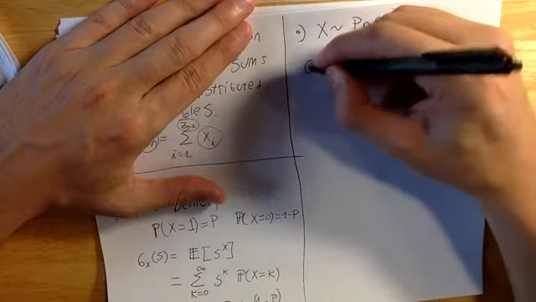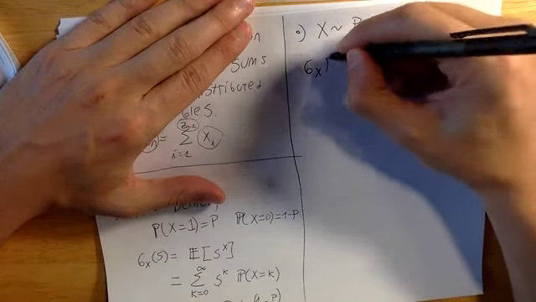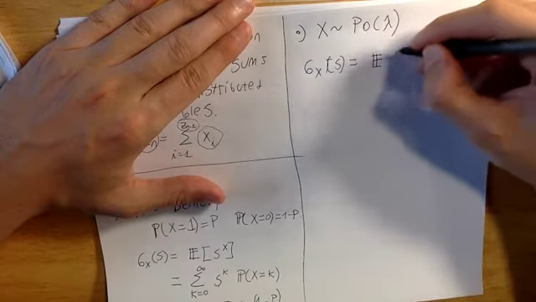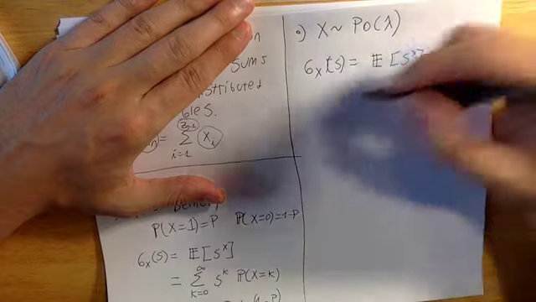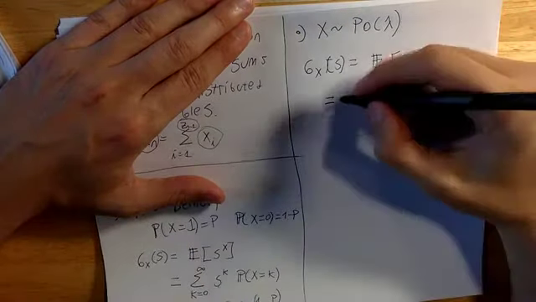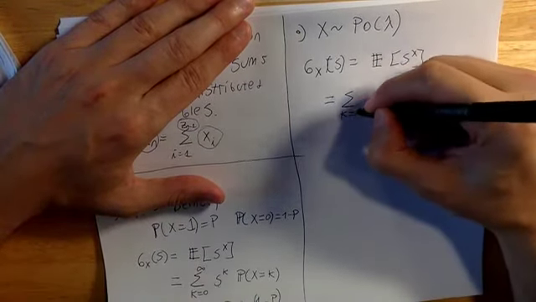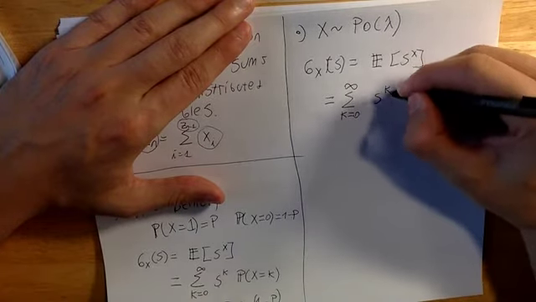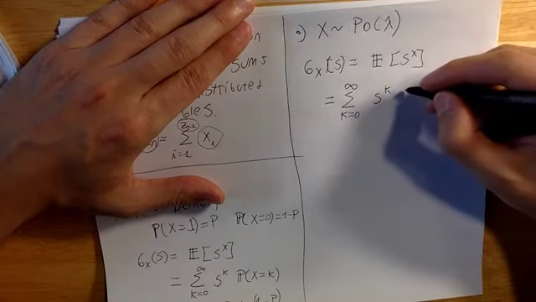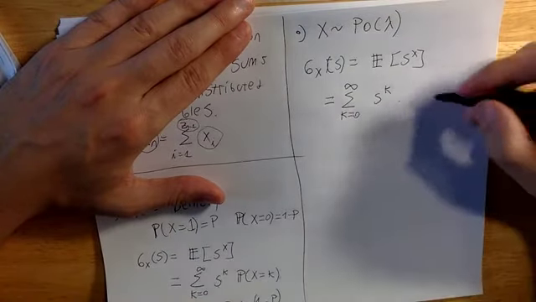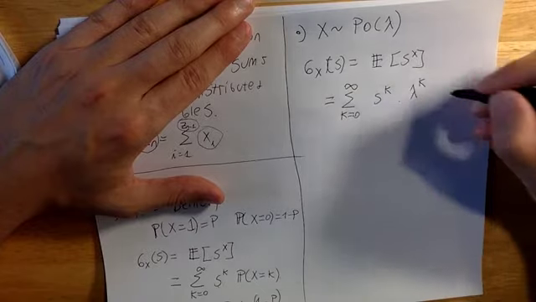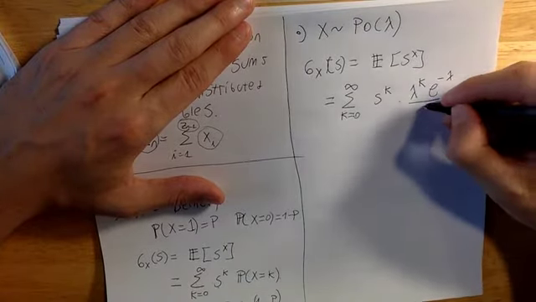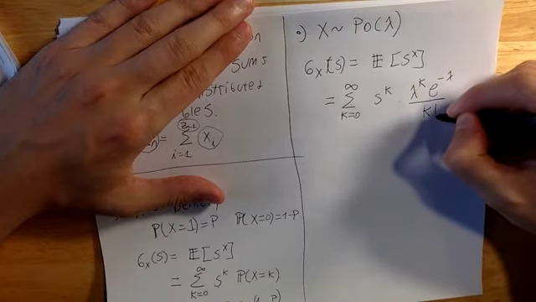So g_X evaluated at s is going to be the expectation of s to the X, which is the sum from k equals 0 up to infinity of s to the k times the probability that X is equal to k, which in this case is lambda to the k e to the minus lambda over k factorial.